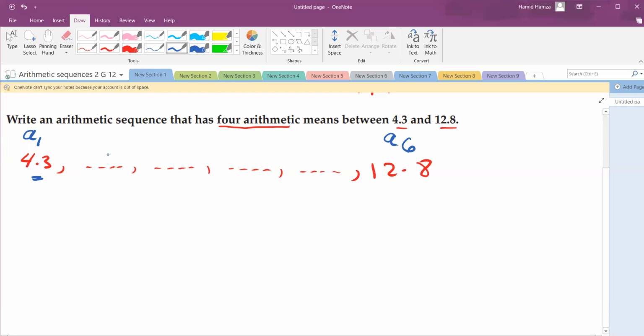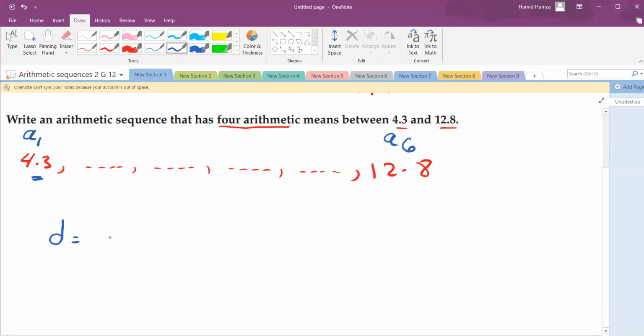The common difference generates the terms. How to find the common difference? Yesterday, I gave you a rule to use to find the common difference if non-consecutive terms are given.